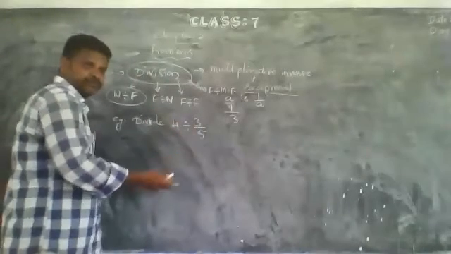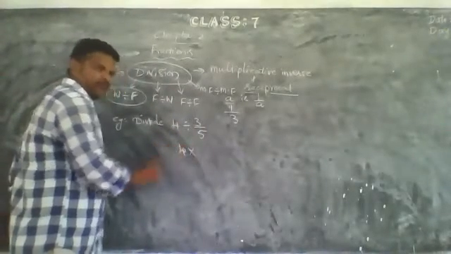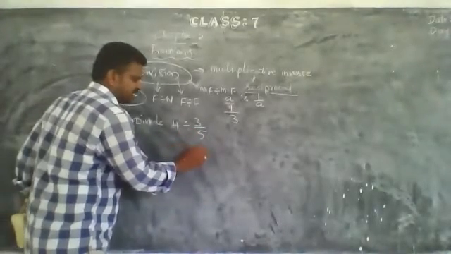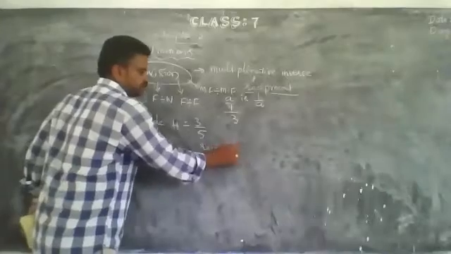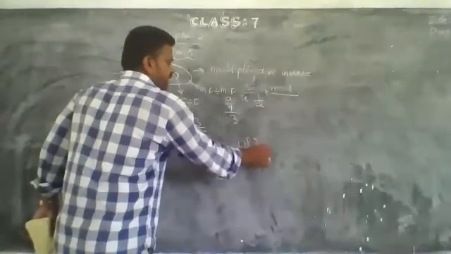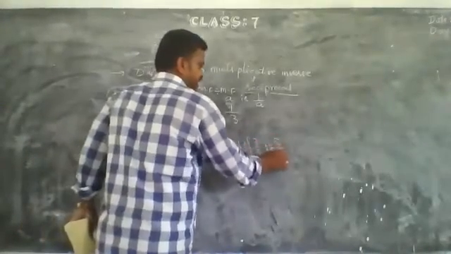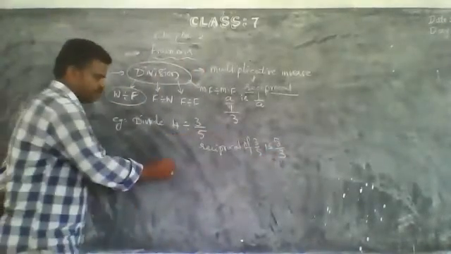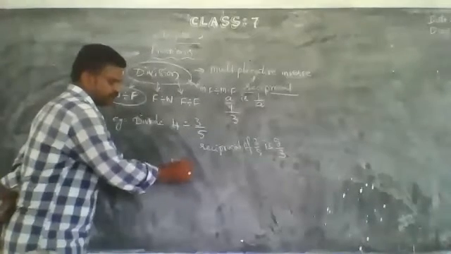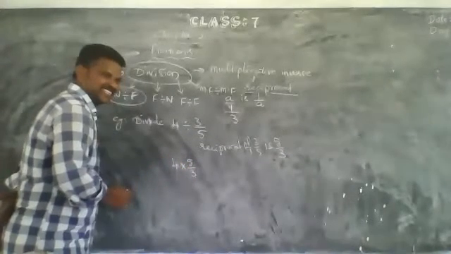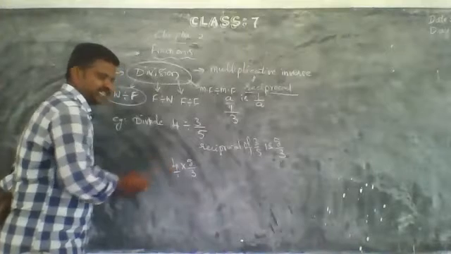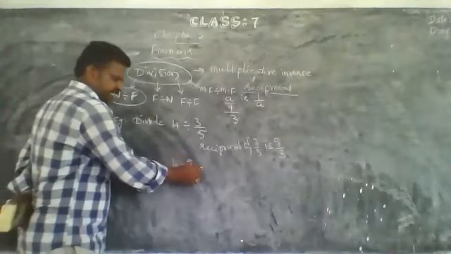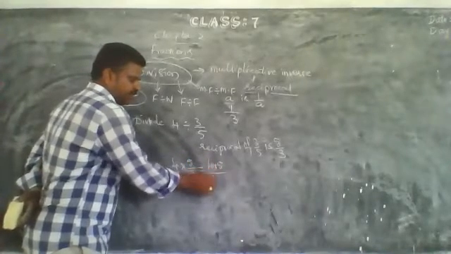So 4 into the reciprocal of 3 by 5. The reciprocal of 3 by 5 is 5 by 3. Now we are going to multiply 4 by 5 by 3, 4 into 5 by 3. We know very well about multiplication. So the product of numerators is 4 into 5, and the product of denominators is 1 into 3.